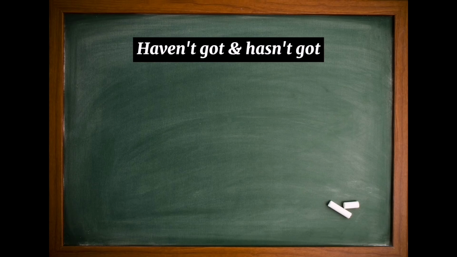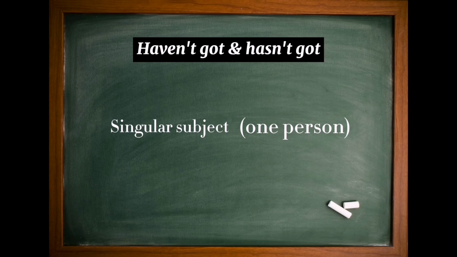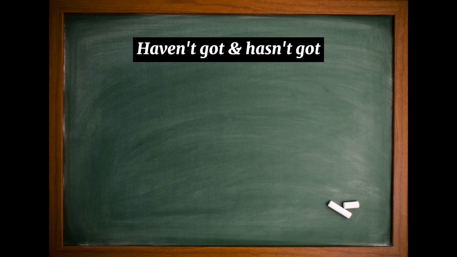Now, let's look at the three groups of subject that I use. So, the first group of subject is singular subject. Singular subject refers to only one person. First singular subject that we have is he. He refers to a boy, for example, Greg or the boy.